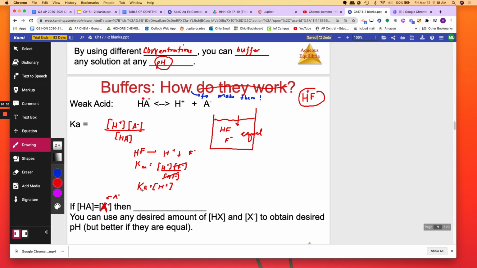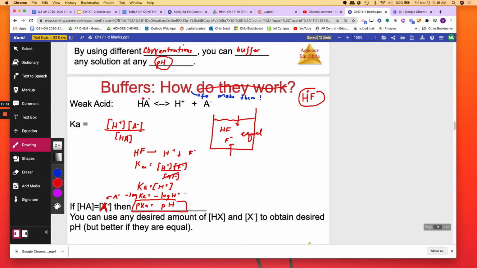So if you take the log of this, negative log of Ka, and you take the log of both sides, negative log of H plus, you're going to get pKa here is equal to pH. What you've done is the pH of this buffer is going to be equal to the pKa of the solution.